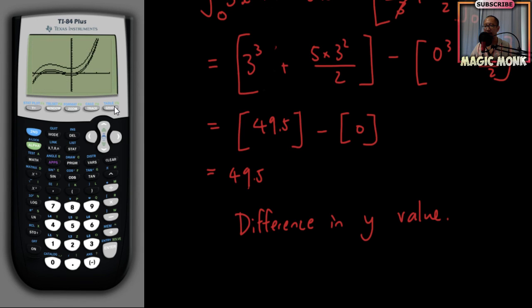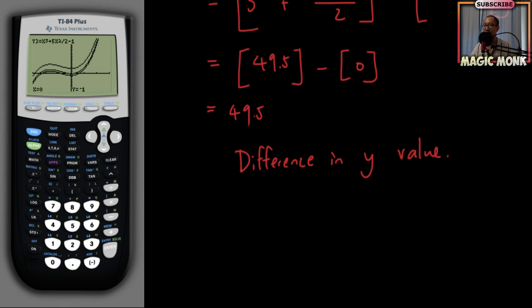So if I graph it and I find out what y is equal to, let's just do trace. Okay, so let's go to the line at the bottom, which is that one there. When x is 0, y is -1.